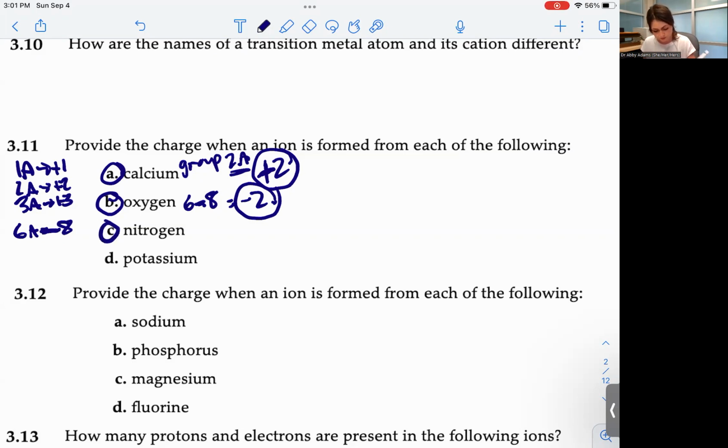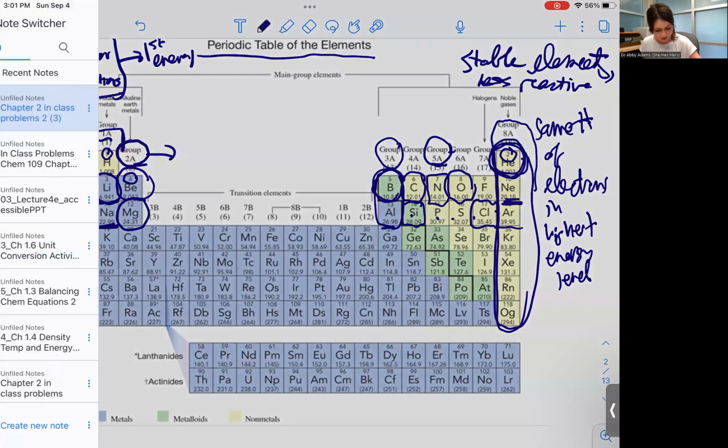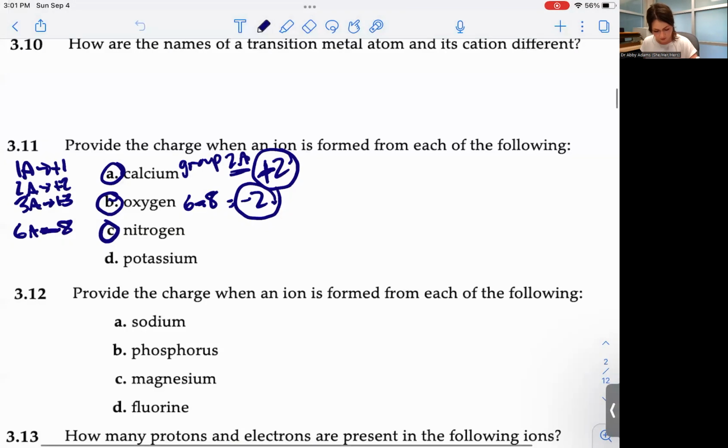Okay, so nitrogen. What's nitrogen going to do? Well, where is nitrogen? Here it is. It's 5A, so you can just gain 3 more electrons. That looks easy right there. So you're just going to have a -3 charge.